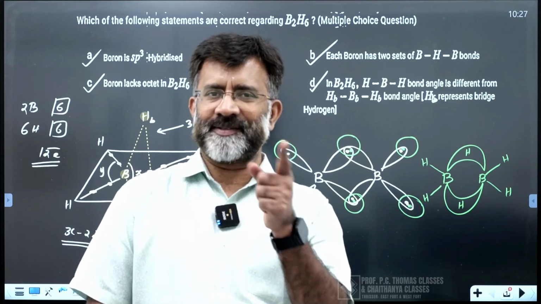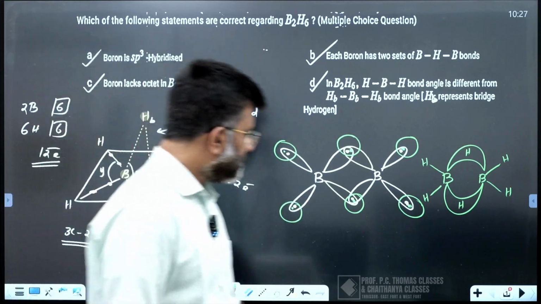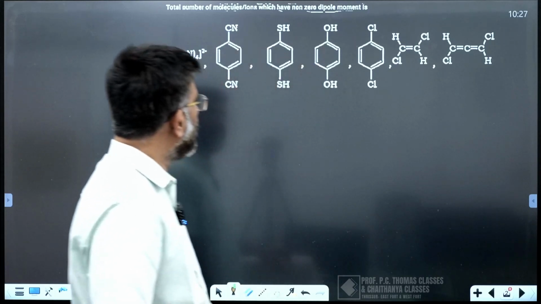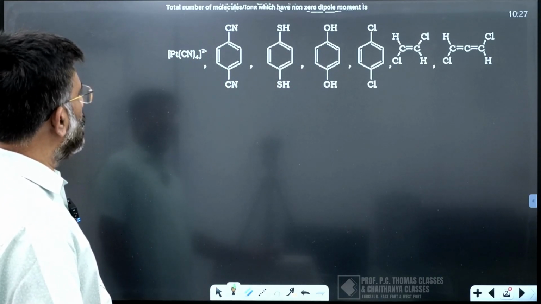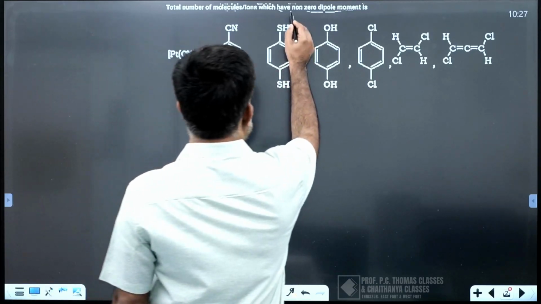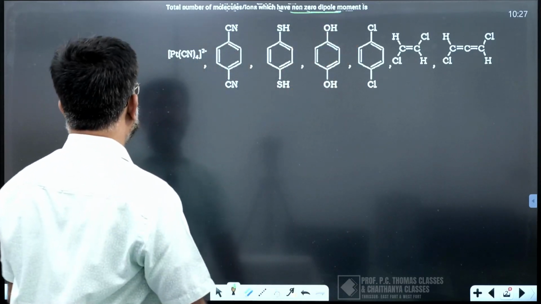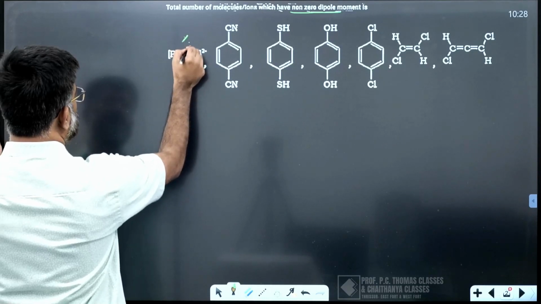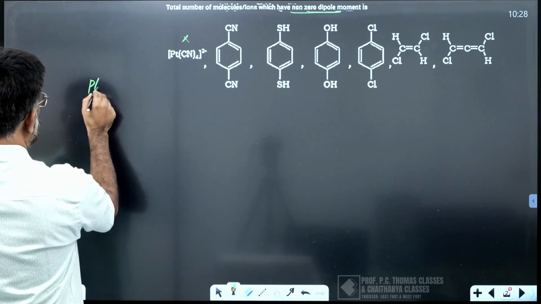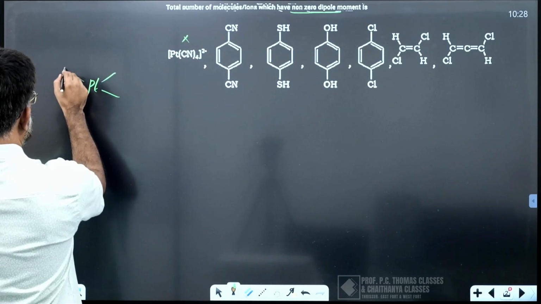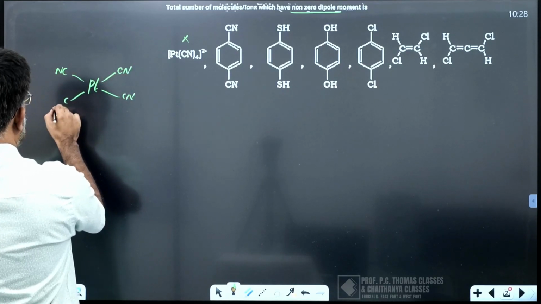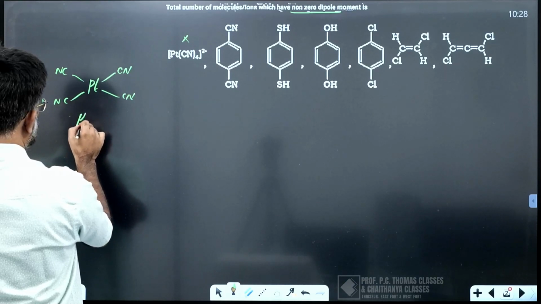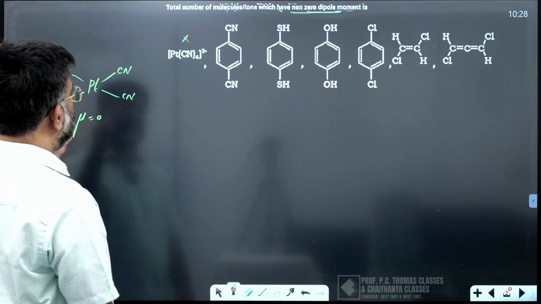Let's go to the next question. Total number of molecules or ions which have non-zero dipole moment. The first one has zero dipole moment, as it is a square planar system with CN like this, and mu is equal to 0.